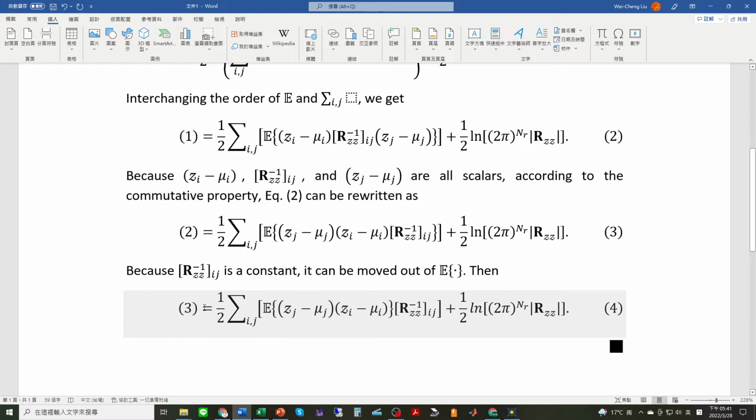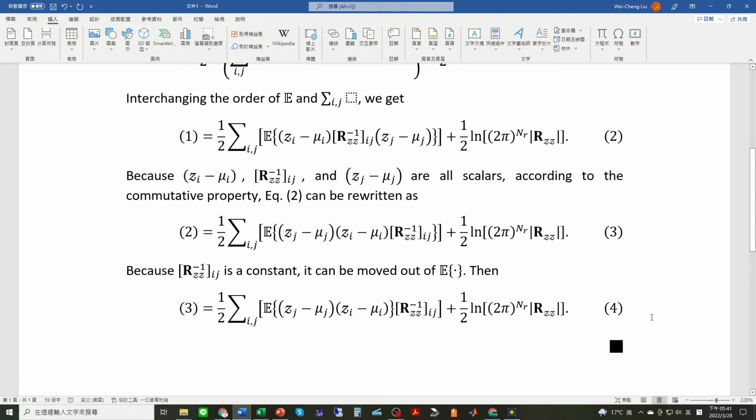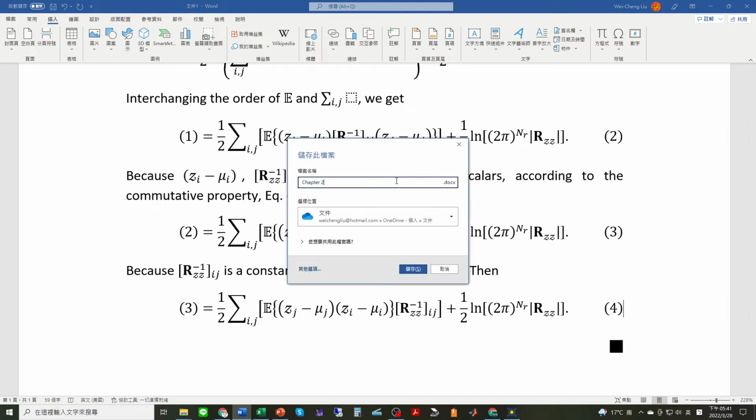Equation 3 is equal to 1 over 2 summation ij expectation Zj minus mu J times zi minus mu I, and out of the expectation is rzz inverse ij, plus 1 over 2 natural log of 2 pi to the power of nr times the determinant of rzz. Okay, good. So let us save this document.